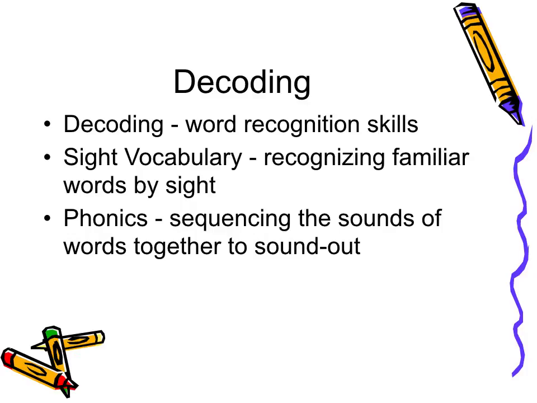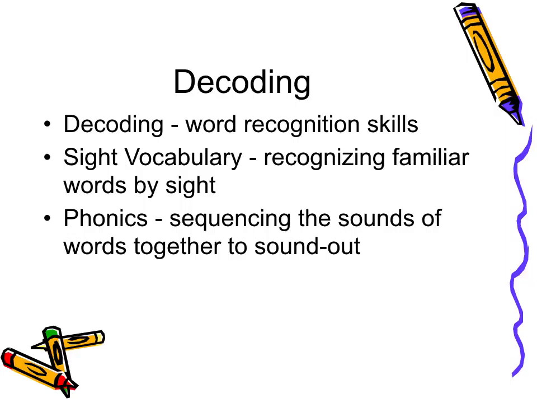Decoding is talking about a student's ability to recognize words. So we look at their ability to sound out words, their ability to put sounds and words together, and their ability to get through, or decode, the text. Sight vocabulary are words that we recognize just by sight. They're words that don't follow traditional phonemic rules, things like the Dolch sight word list or the Fry word list.